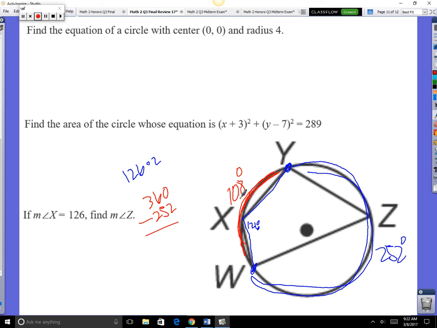But the red arc is going from this angle right here. This angle is making the red arc, and since I'm pulling from the circle, this angle is going to be half of the arc. So if I do 108 divided by 2, I get 54. So that angle is 54 degrees.